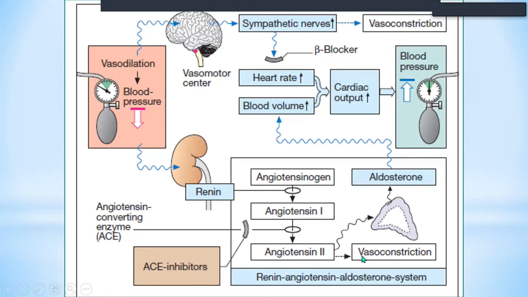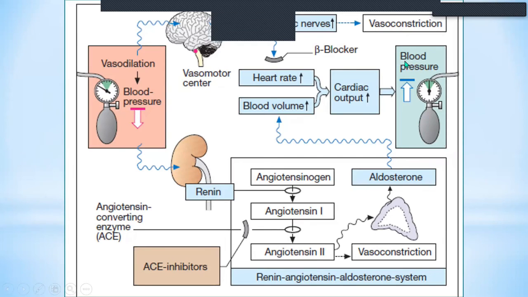Angiotensin 2 is going to cause vascular constriction, and aldosterone is going to be formed from the adrenal gland, and the aldosterone is going to act on a variety of cells. The heart rate and total blood volume will increase, and the cardiac output will be increased.